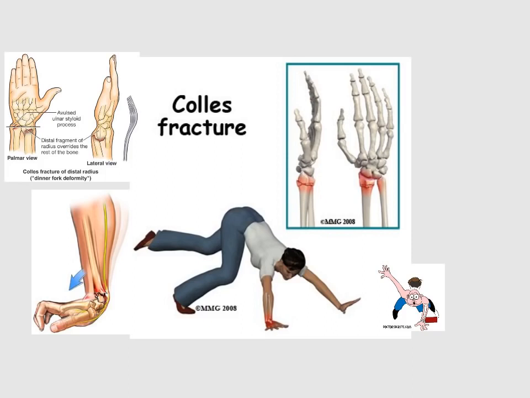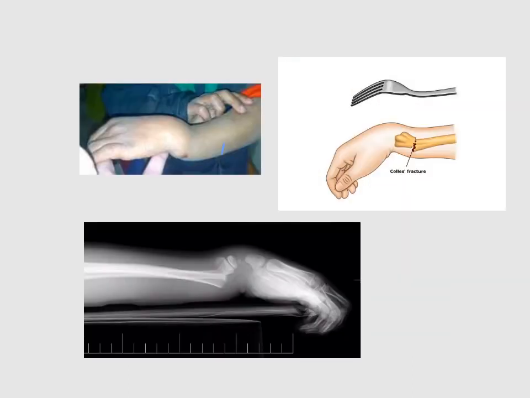The patient who comes to you is usually an older woman who gives a history of falling down on her outstretched, dorsiflexed hand. A lot of these female or male patients come to you with a special feature called the dinner fork appearance.